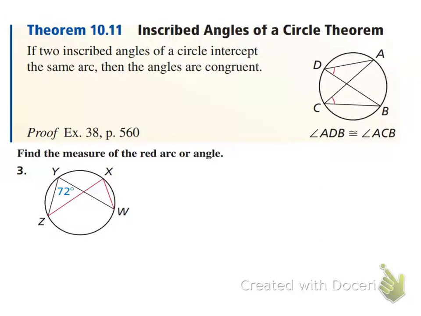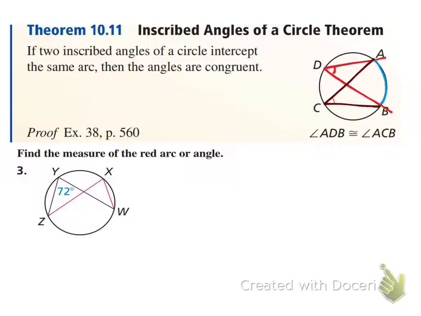We're going to talk about inscribed angles that intercept the same arc. So let's look at this. This angle D, what arc does it intercept? What is the name of its intercepted arc? AB. And then angle C, what is the name of its intercepted arc?